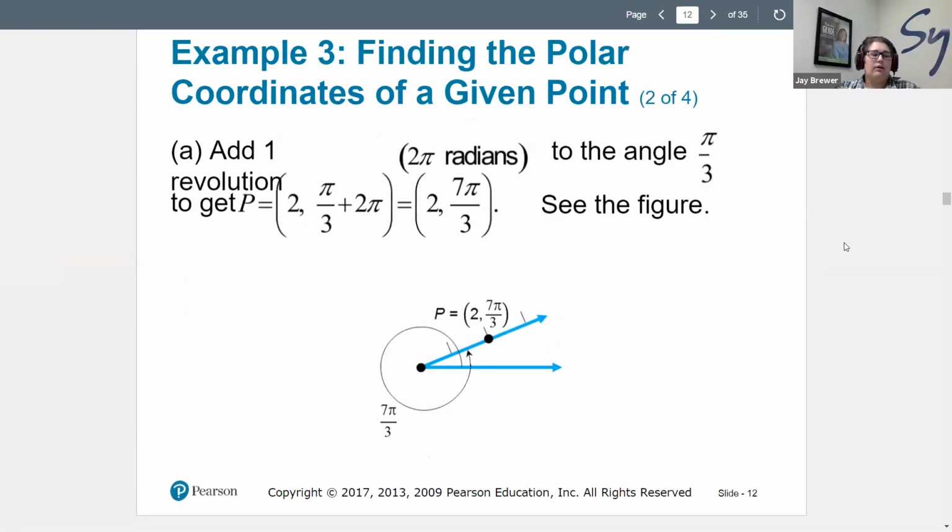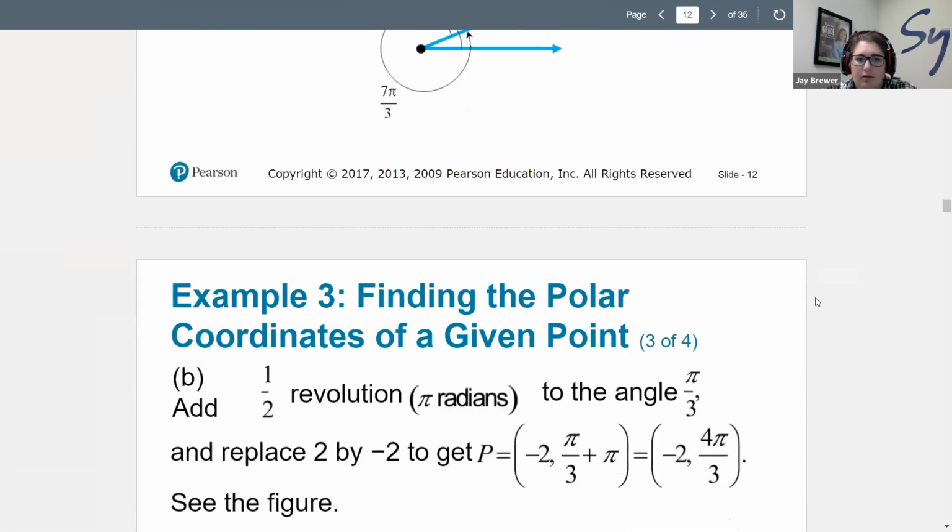So to get to A, all you had to do was add 2 pi. Okay, your R is staying unchanged. And you can tell that that's going to fit the condition. All right.